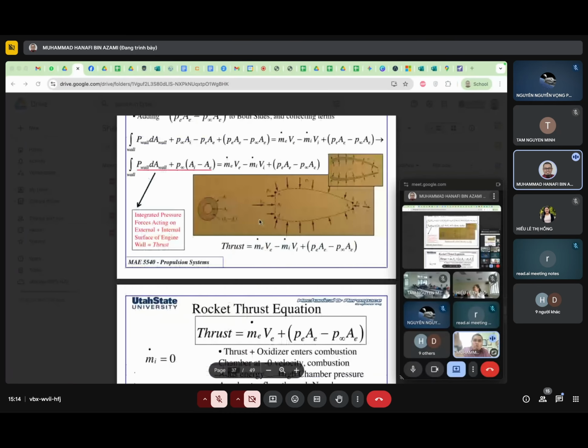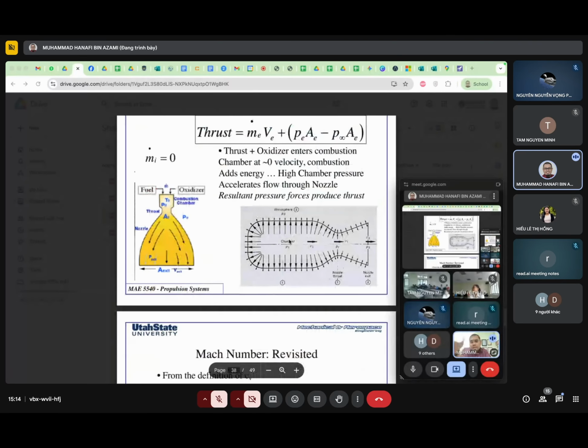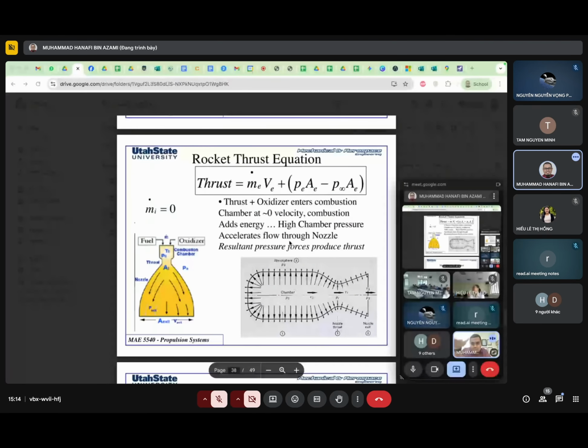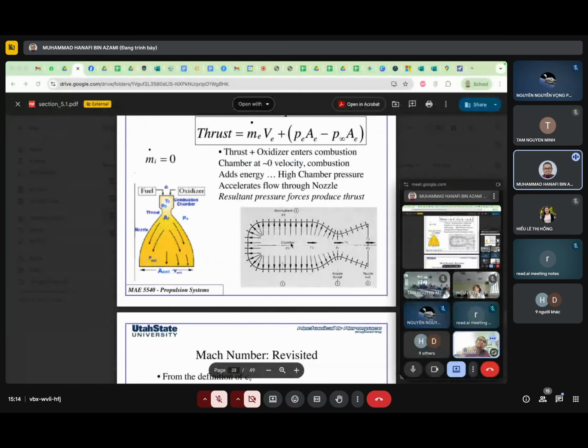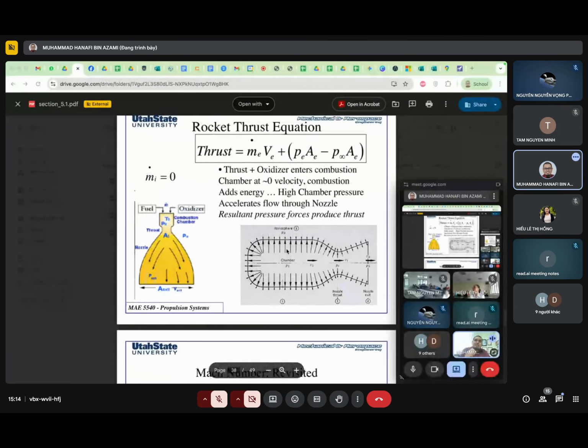And of course, when it comes to the later part of the notes, you have the thrust equation, and please make sure that you manage to define the stations. In order for you to calculate the nozzle performance, you need to know the stations. For example, station 1, P1, the subscript 1, is at the chamber, and then you have the throat, and then you have the exit condition.